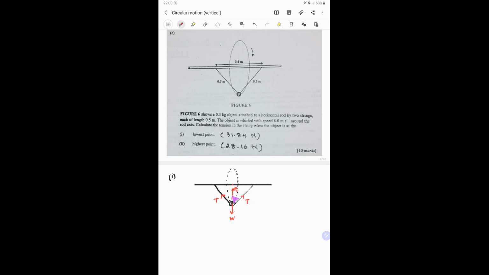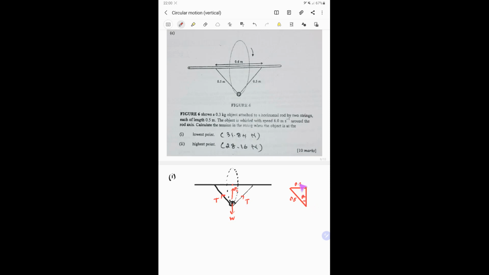So first we need to find the angle here, theta, using this triangle. Okay, so take out the triangle first. This is theta. The length here is 0.5, and the length here is 0.3. How do you calculate theta?